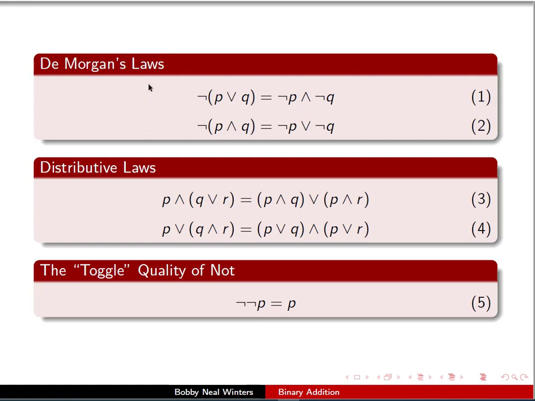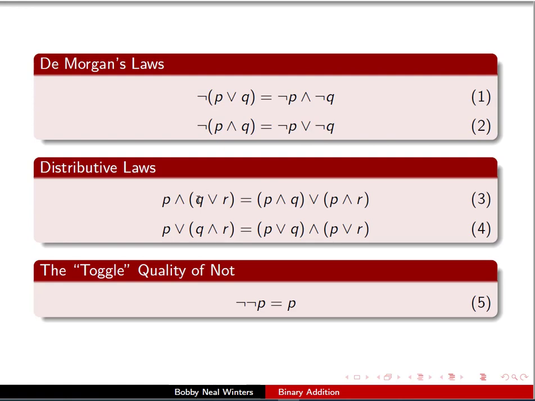In terms of our basic formulas, De Morgan's law says if you take not of P or Q, then you get not P and not Q. And the order of operations here is you do negation before you do anything else. If you take not of P and Q, this is not P or not Q.